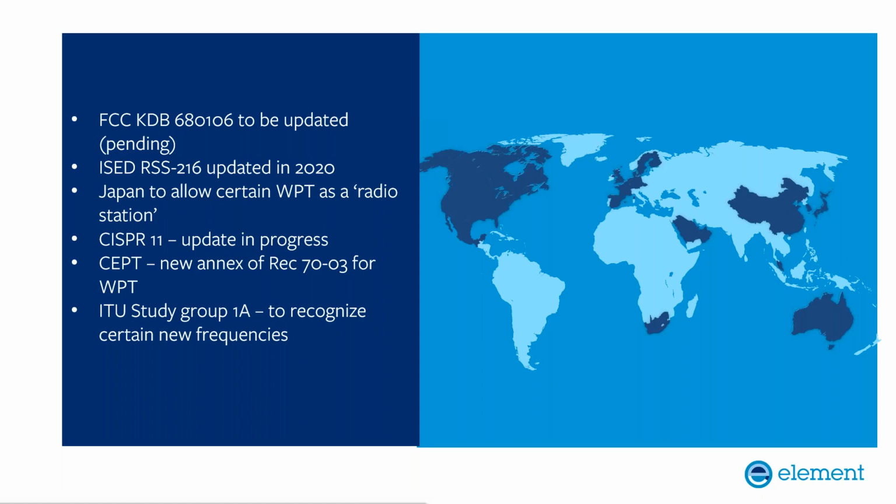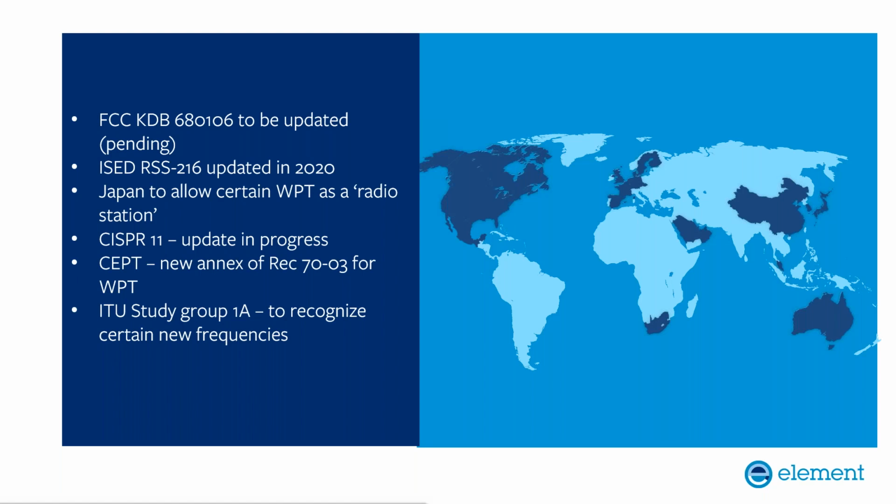In terms of what's happening at the moment, I mentioned before about the FCC KDB on wireless power transfer, which tells manufacturers what they need to do and how to categorize their product. It also talks about novel techniques and applications which may require PAG, pre-approval guidance, that an organization such as Element can get involved and discuss directly with the FCC.